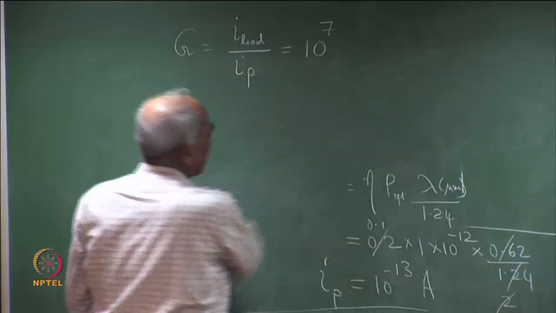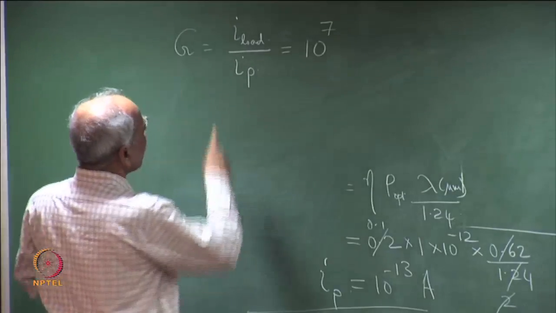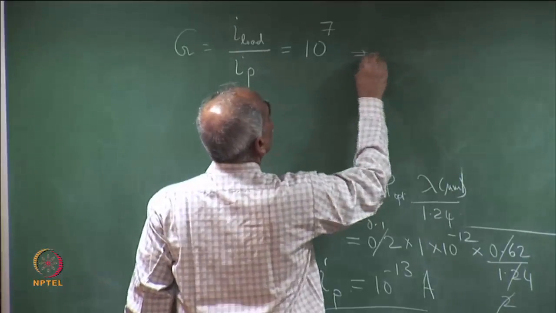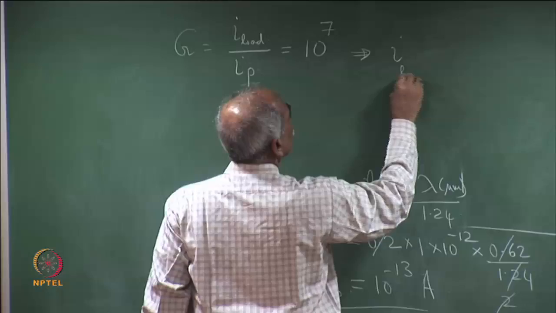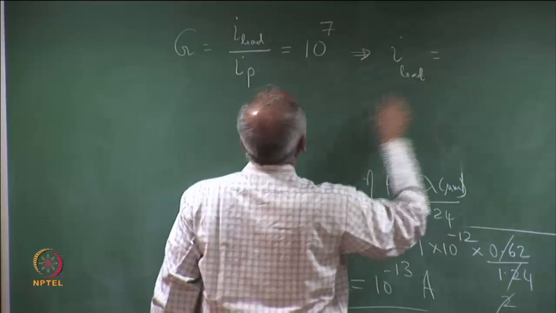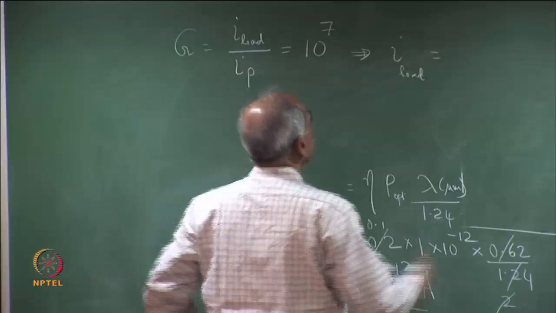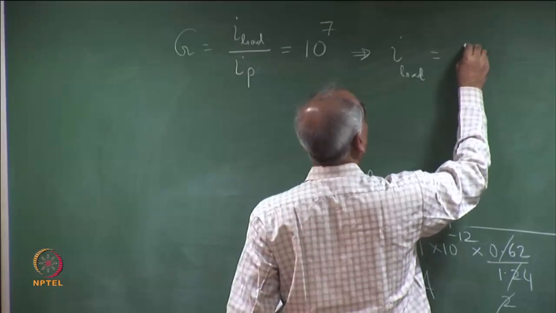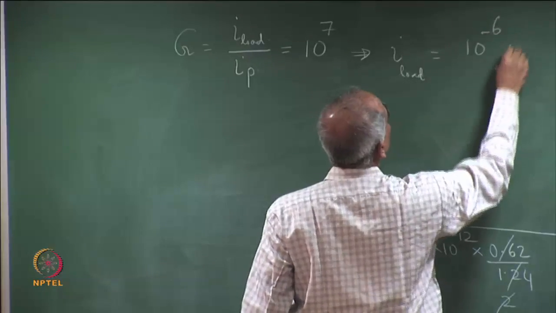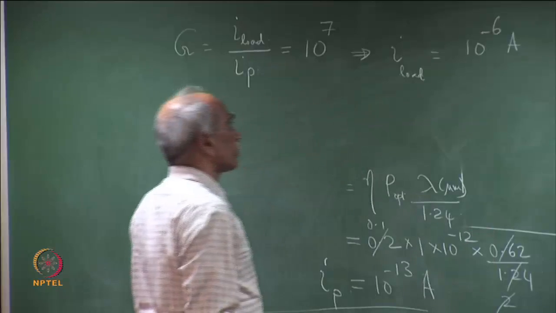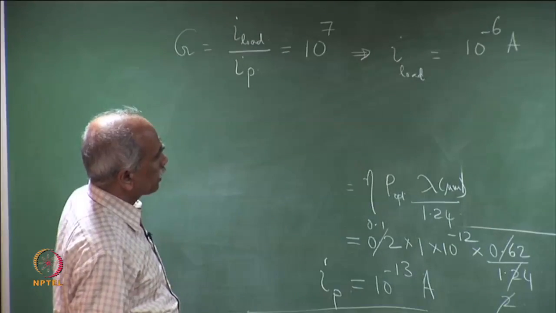Therefore, I load is equal to I p, 10 to the power of minus 13, times 10 to the power of 7. So, this is simply 10 power minus 6 amperes. I load is equal to 10 power minus 6 amperes.